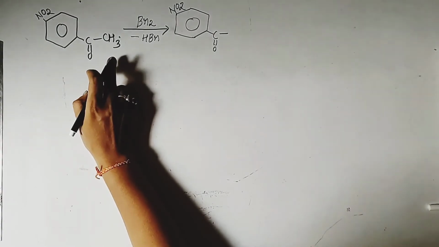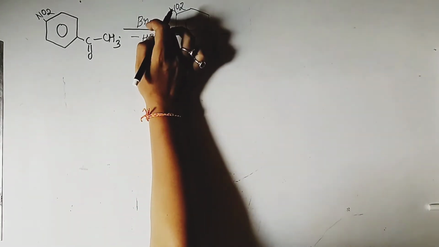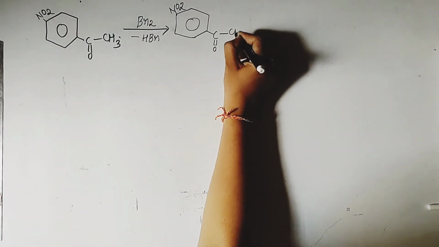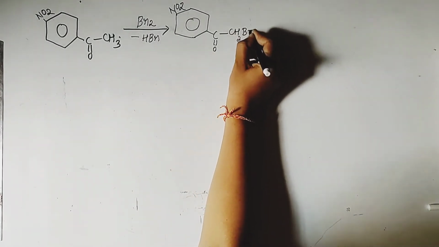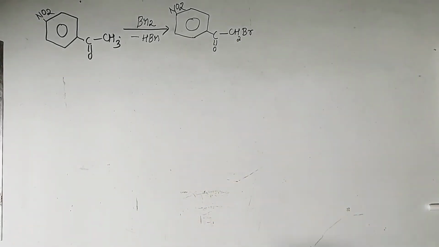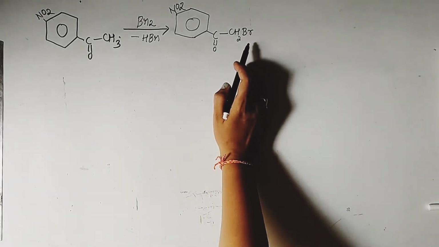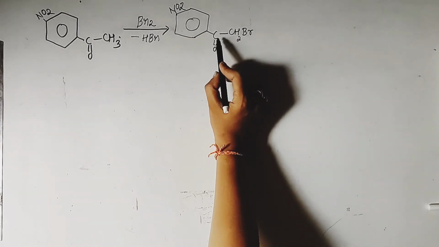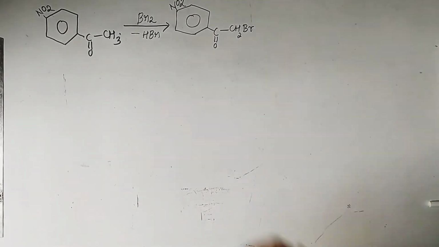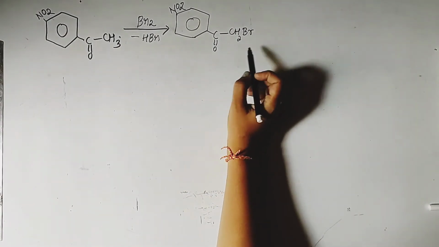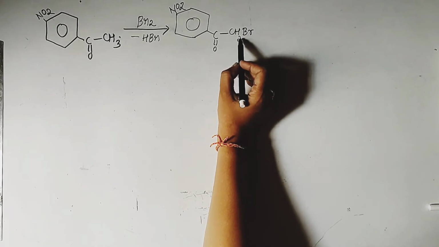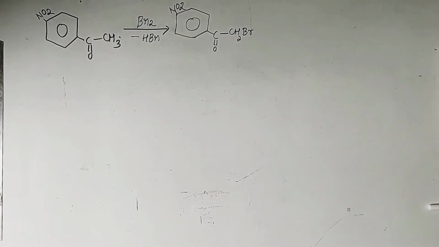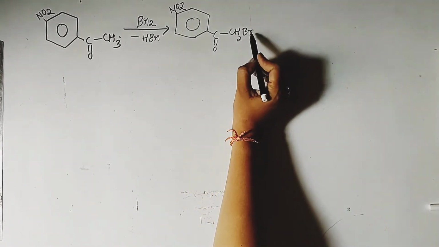Here one of the hydrogens has reacted with the bromine and is eliminated as hydrogen bromide, and the remaining is CH2Br, and this molecule is called alpha bromo para-nitroacetophenone. This is the alpha carbon, that is the carbon which is attached to the carbonyl carbon.